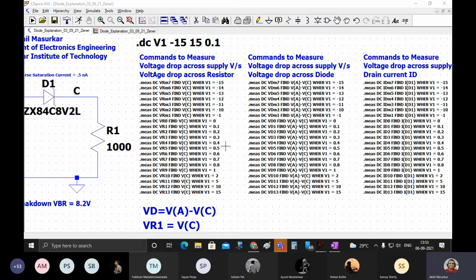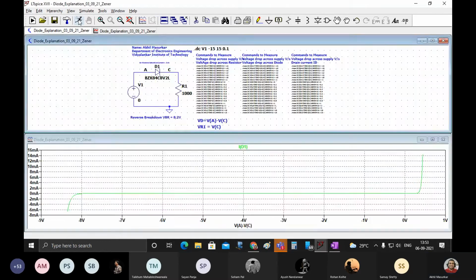SPICE is actually calculating 903 values when you click on this button, and it is plotting this graph for you. Okay, rather this graph will have 301 values.